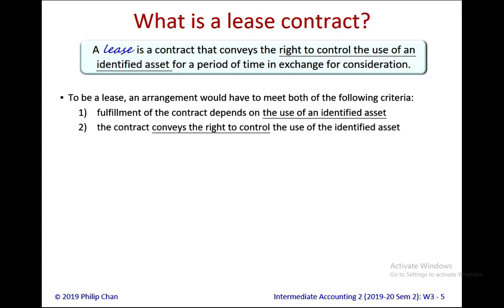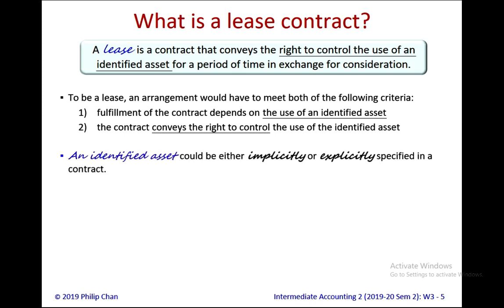At the same time, we have to be certain that the contract itself conveys the right to control that identified asset, allowing the lessee, or the tenant in layman terms, to control that asset. It looks like a very easy concept, but let's focus a bit more on each criterion. The first one is the identified asset.